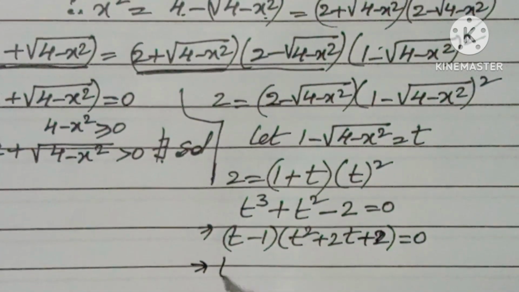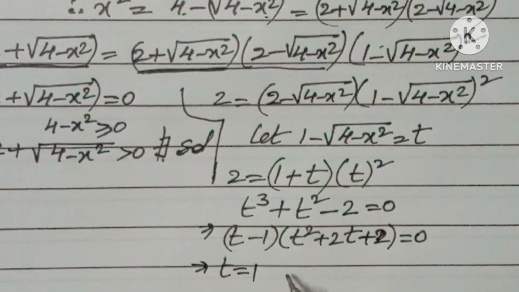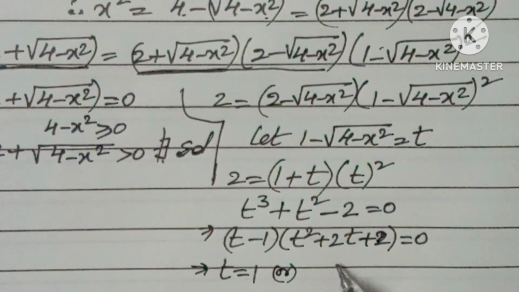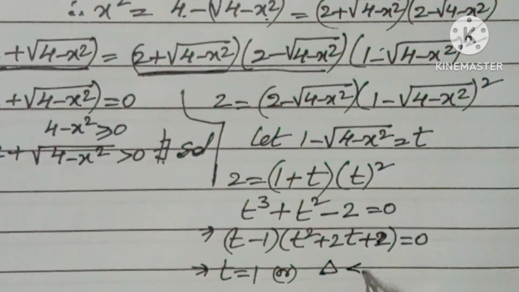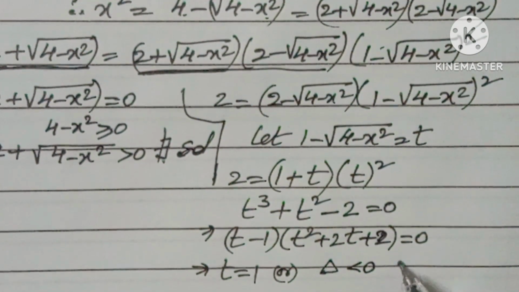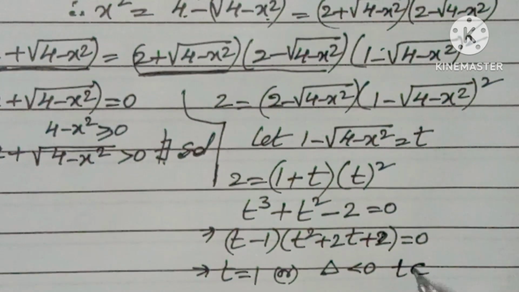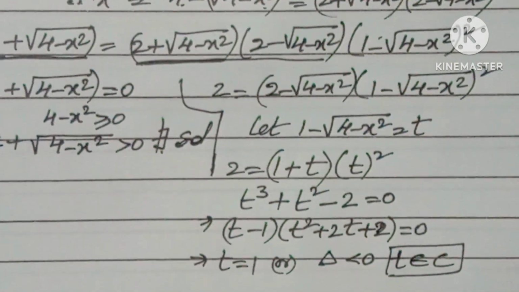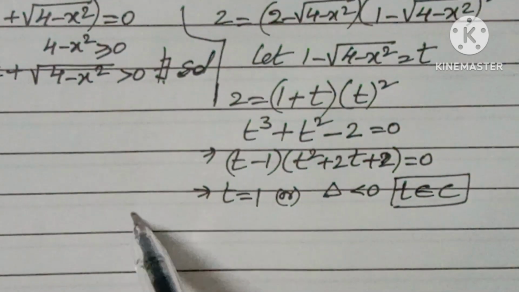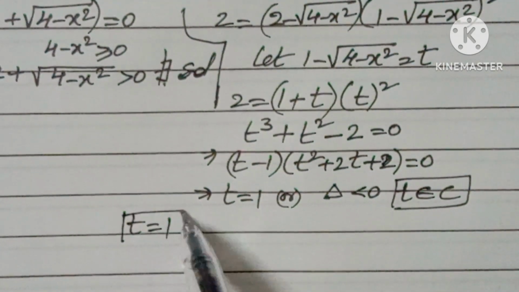Now from this you can write t value 1, or here b square minus 4ac is negative, delta is less than 0. The roots are complex, so we are not going to take these values. T is equal to 1 I am taking.